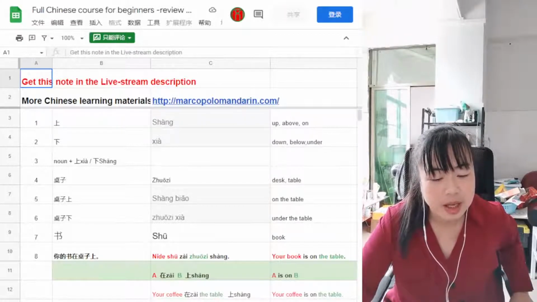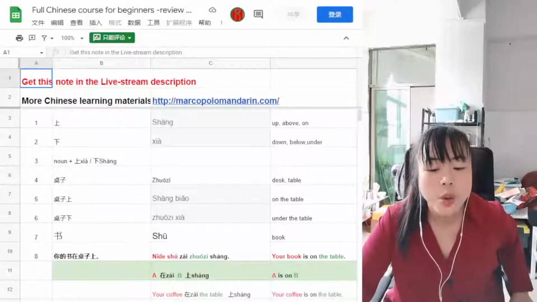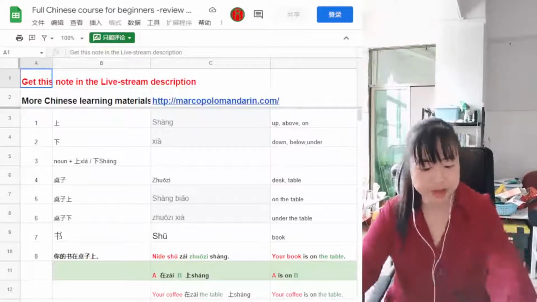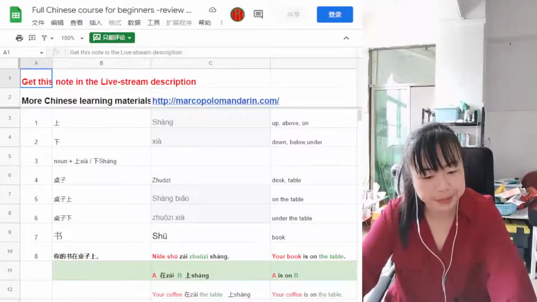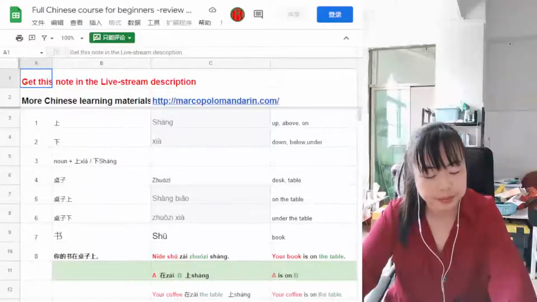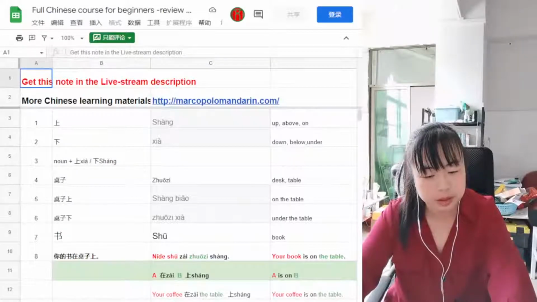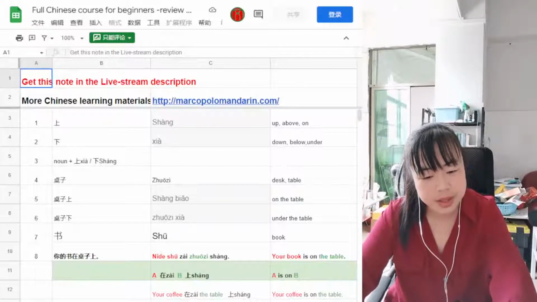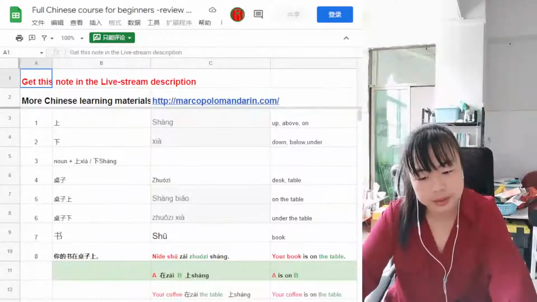Okay, line 22, we need to get the red part first. Red. Okay. And then 在. Your cup, 在. And then we go to the green part, the book.